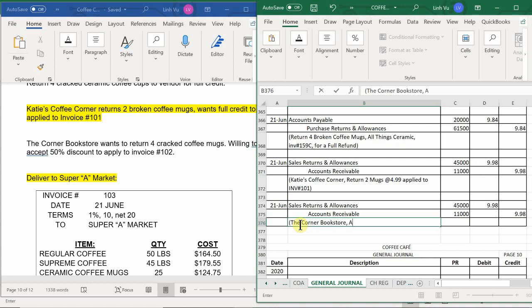So I'm going to call that an allowance. 2 mugs at $4.99 for 50% discount applied.